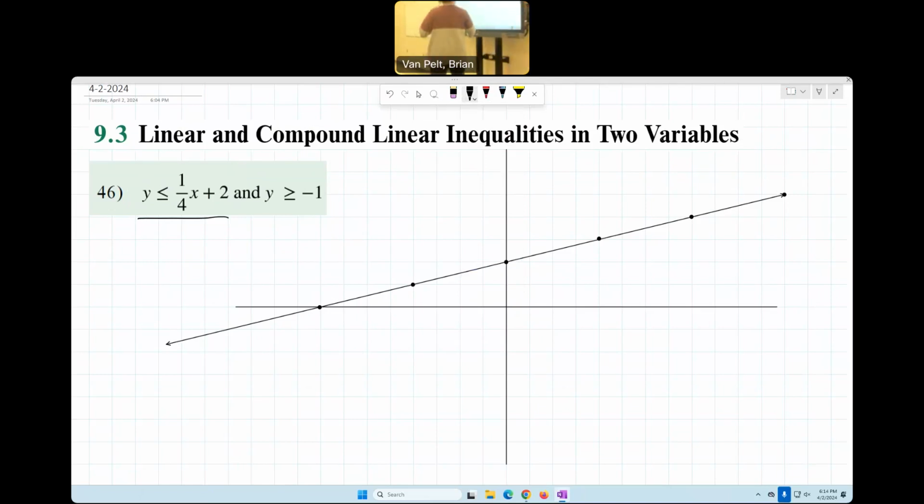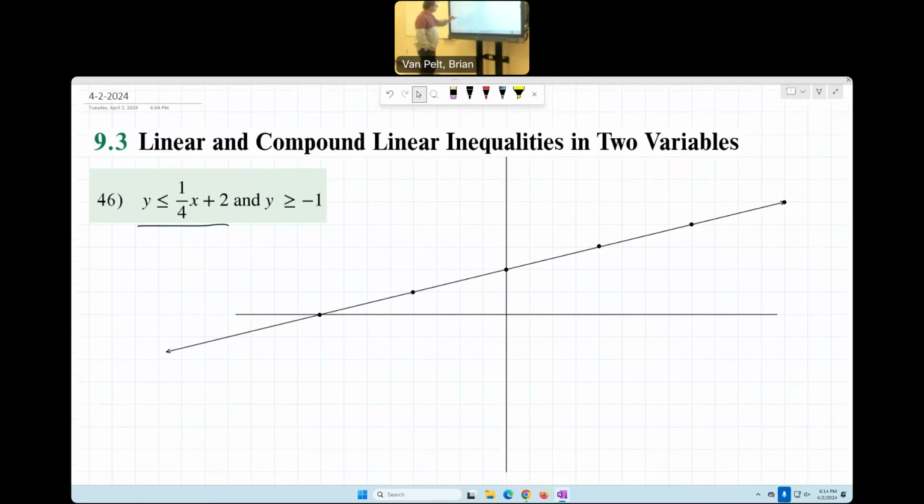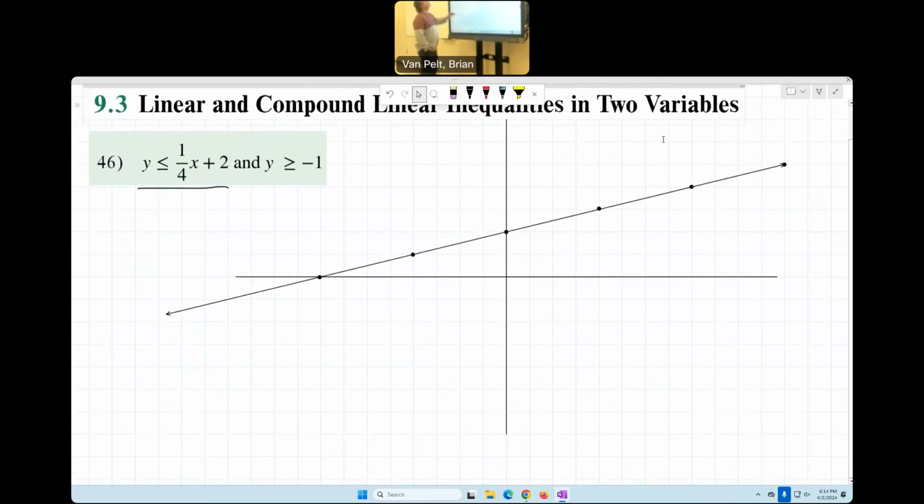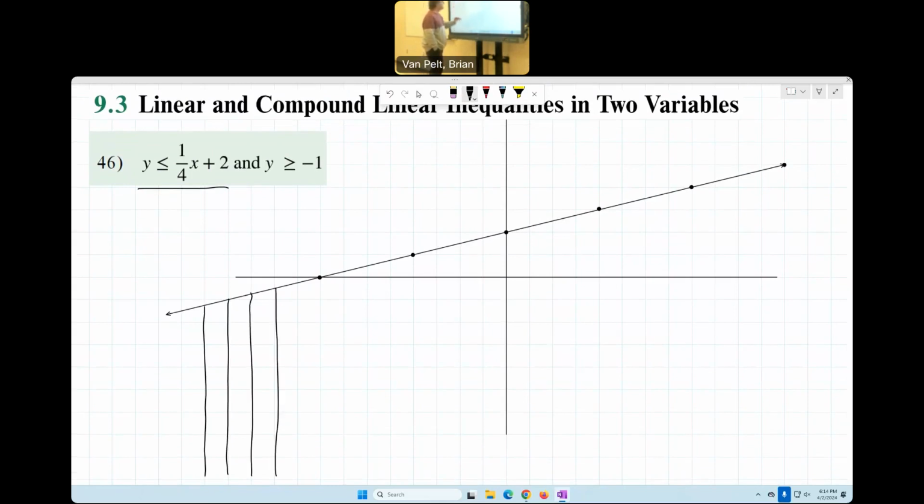So let me show you the way I shade underneath it. I do this. I use ink when I do it. This way I'm shading underneath of it. See that?